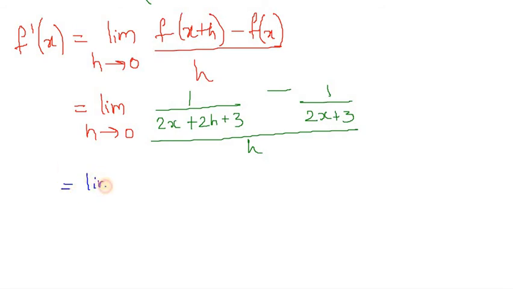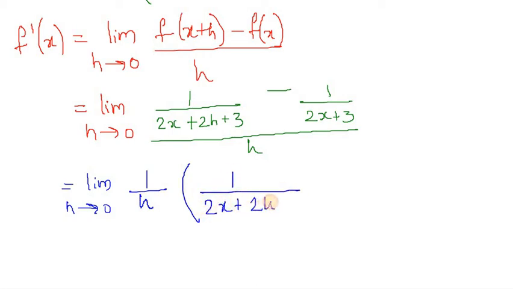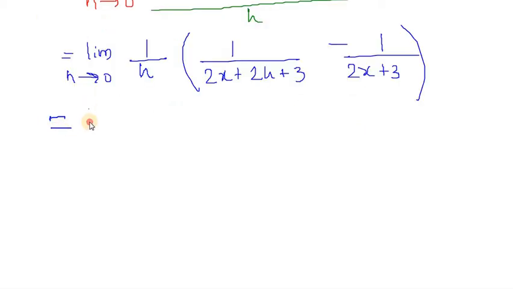So limit h tending to 0, for time being, I'll take that 1 upon h aside. So we are left with 1 upon 2x plus 2h plus 3 minus 1 upon 2x plus 3. So what do we get? Limit h tending to 0, 1 upon h.